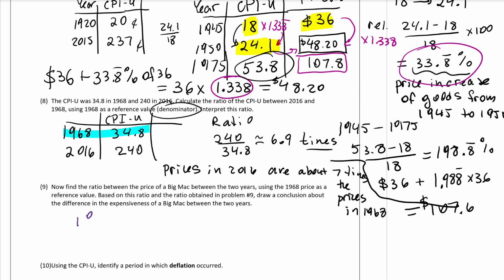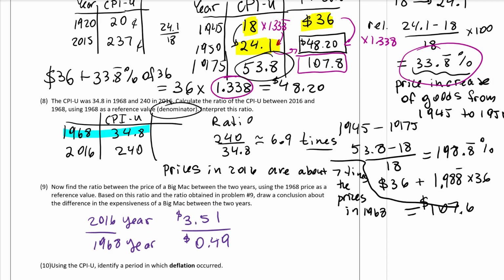If we compare the 2016 price to the 1968 price of that Big Mac, it was $3.51 divided by 49 cents, and we can measure how prices increased over that period of time.